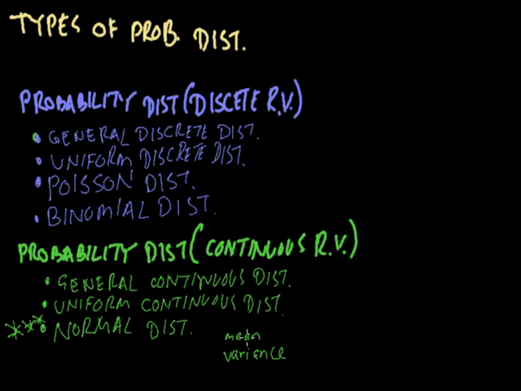So for that we need the mean and the variance. For the binomial distribution, we need two things, which is the number of trials, meaning how many times you do a certain thing, you repeat it, like tossing a coin, how many times you toss a coin, that's called the number of trials, and the probability of success.